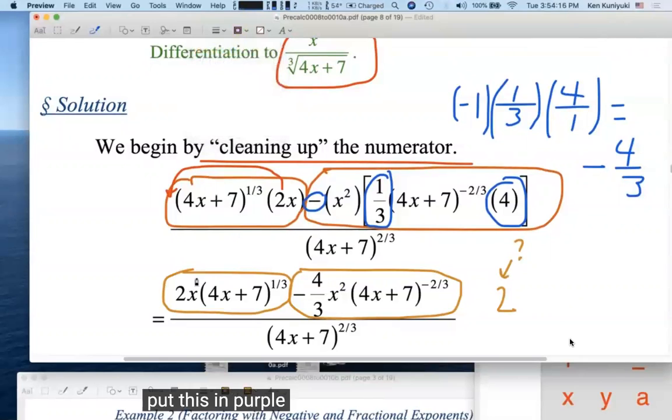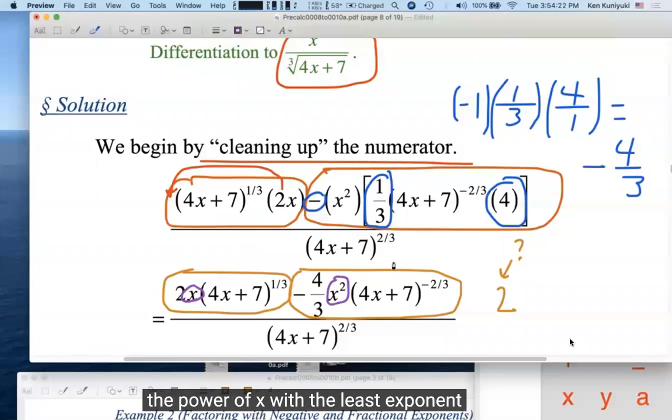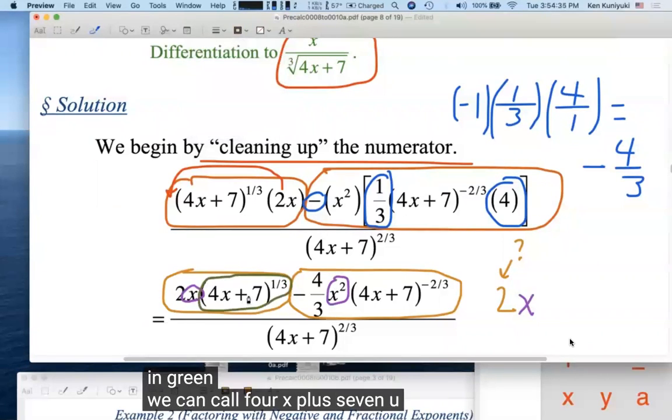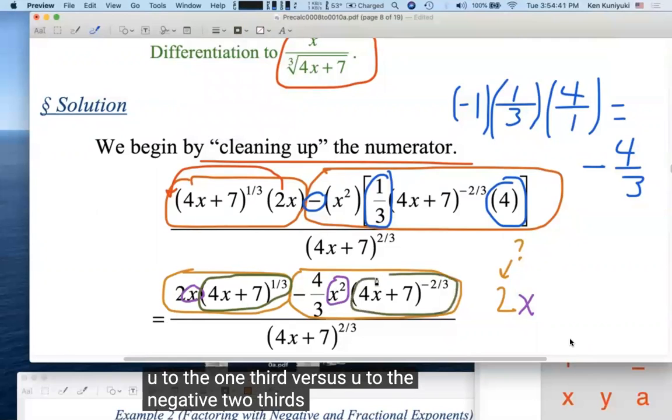All right, x versus x squared. Put this in purple. x versus x squared. Which do we factor out? The power of x with the least exponent, x to the first. We can factor out an x. In green, we can call 4x plus 7 u eventually, do a u substitution. u to the 1/3 versus u to the negative 2/3.